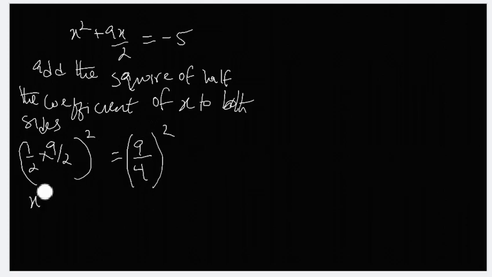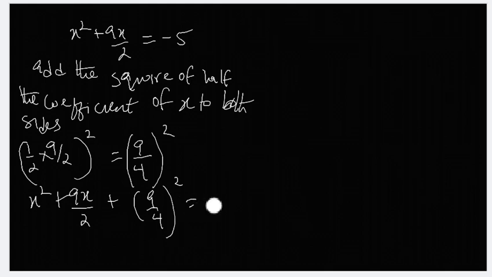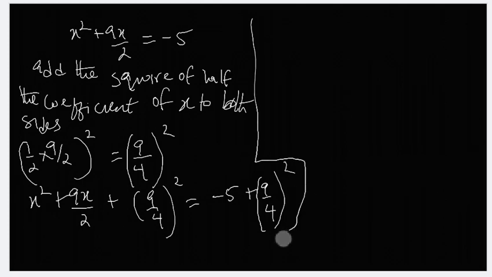So we are adding this to both sides. It becomes x squared plus 9x divided by 2 plus 9 over 4 squared is equal to minus 5 plus 9 over 4 squared. Are you seeing that?